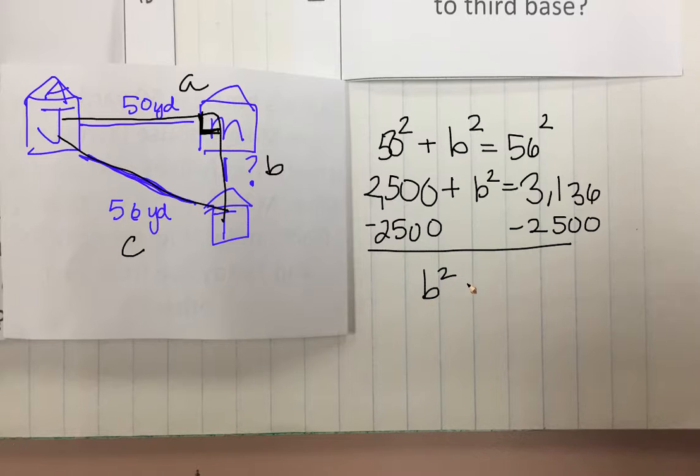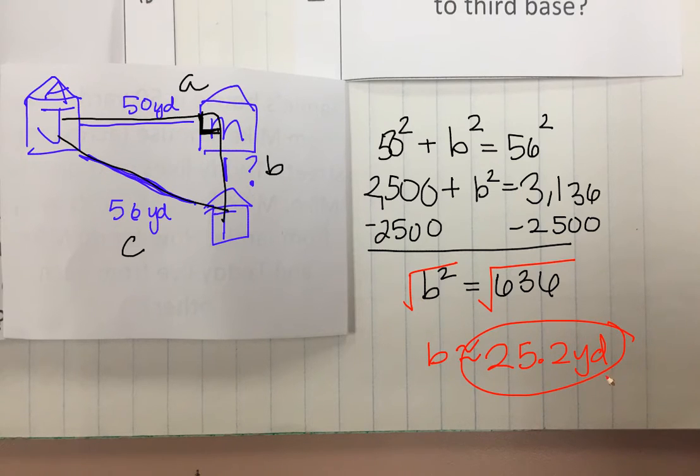And I get B squared equals 636. Let's go ahead and get the square root of each side. And we've got that Teddy and Mike live approximately 25.2 yards away. Okay, that's it.